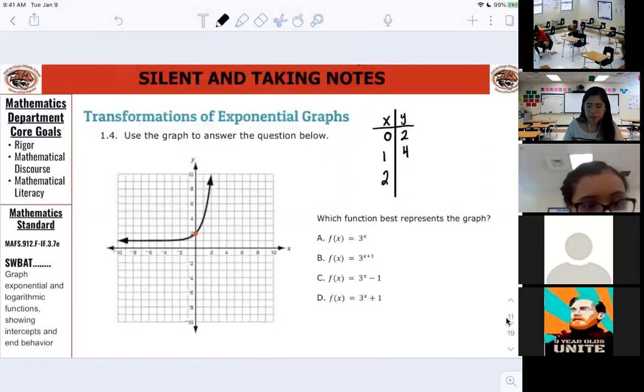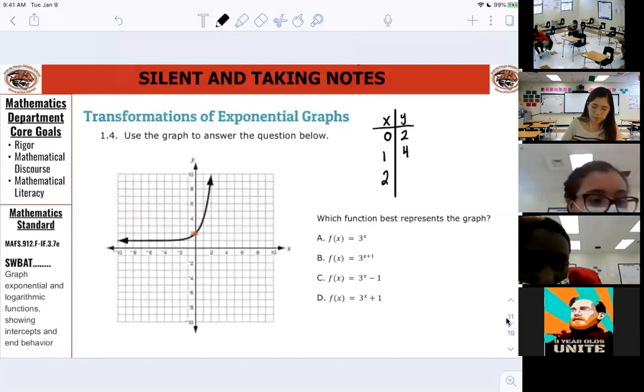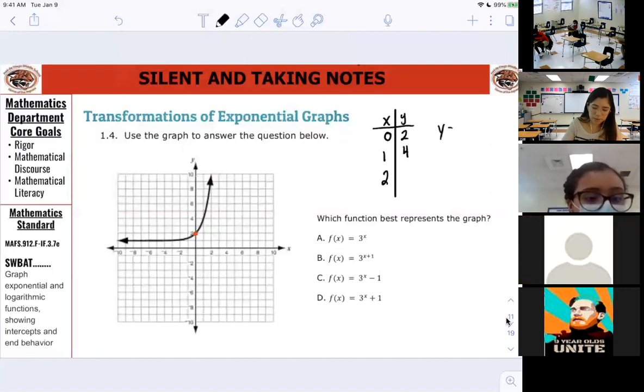Okay. This is all I really know about this graph so far. So if I were going to write this as a general equation, I would do 2 times 2 to the power of x, right? But the thing is, that doesn't match any of my answer choices, does it?